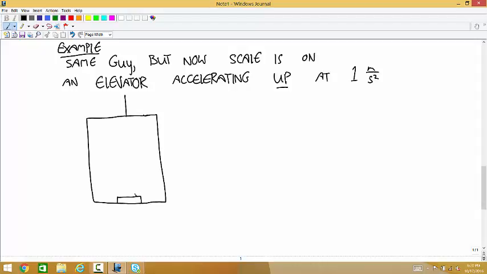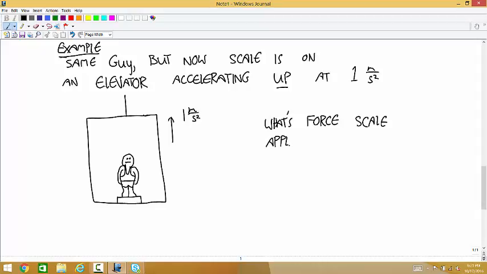So the scale's still there. Same guy. And this time the elevator's accelerating up at 1 meter per second squared. And we want to know what's the force the scale applies to the man.